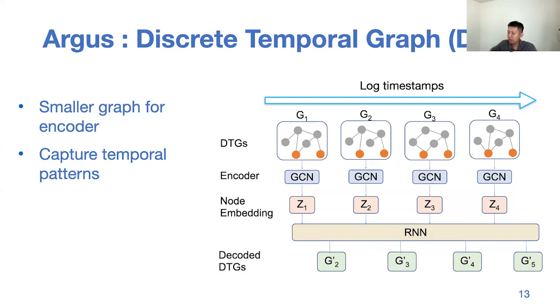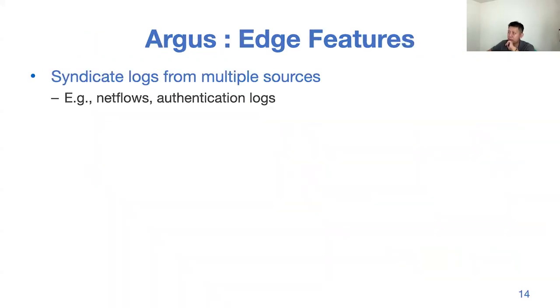With the RNN, we can throw in the sequence of node embeddings for different snapshots and update them, based on the optimization, to get a better representation regarding their temporal and spatial patterns. So this is a nice thing of our system, I think. And finally, we can decode our snapshots and then run the anomaly detection algorithms.